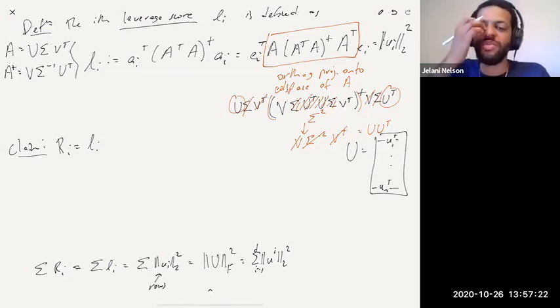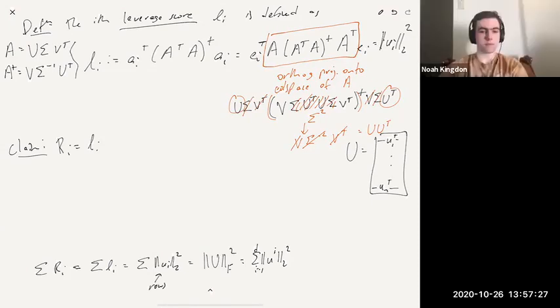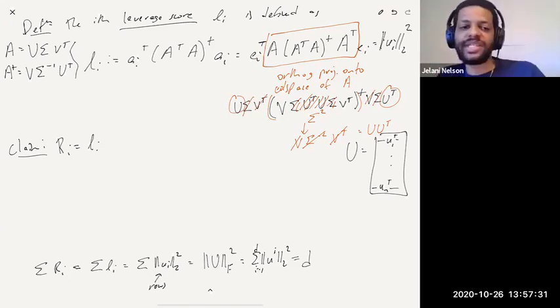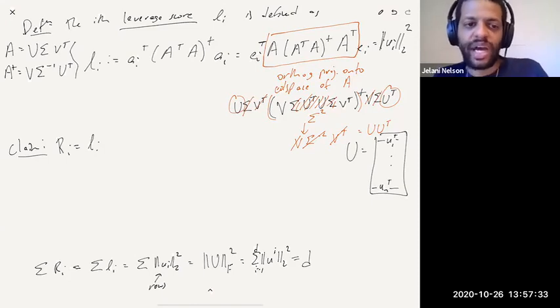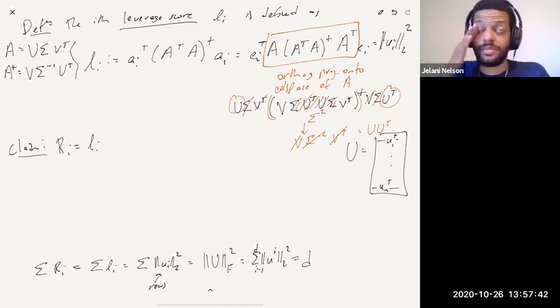This is just the sum of 1, d times. So this is d. This is something we already knew: we're not going to hope to beat d rows, or O of d rows, in our sketch.